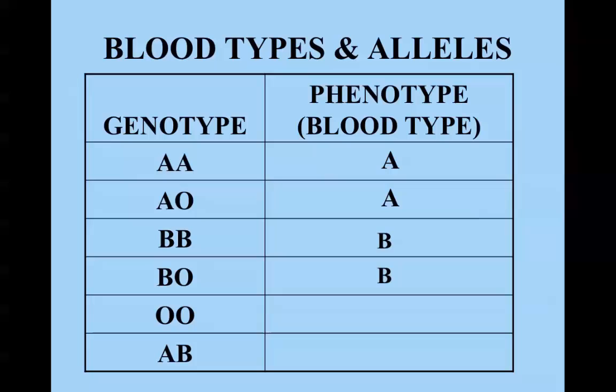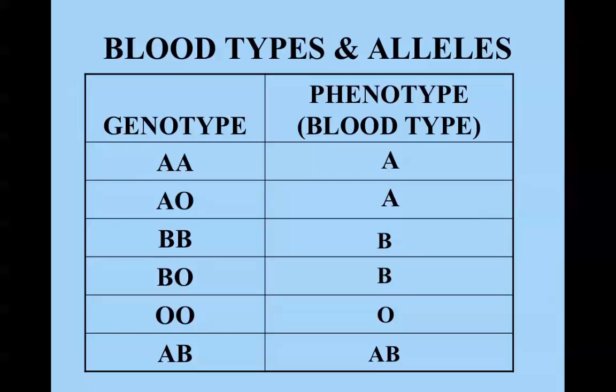The BO genotype will give us the B again because it's completely dominant over the O. So the O is always going to be recessive. OO individuals will be an O phenotype, and AB individuals will be an AB phenotype.